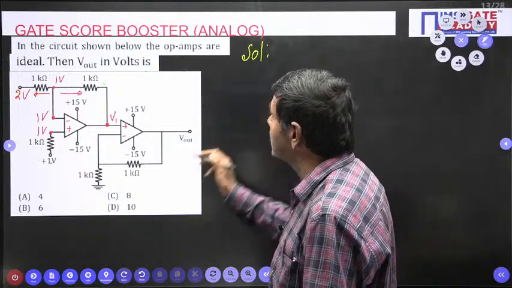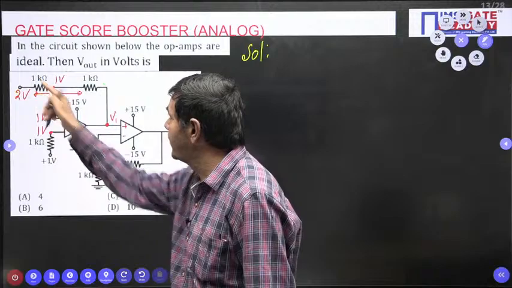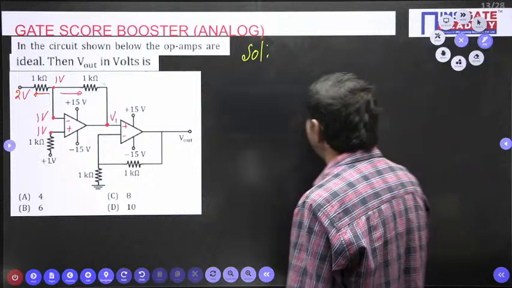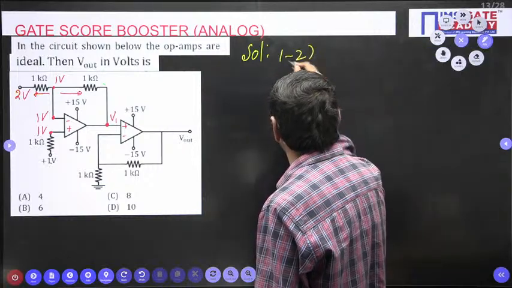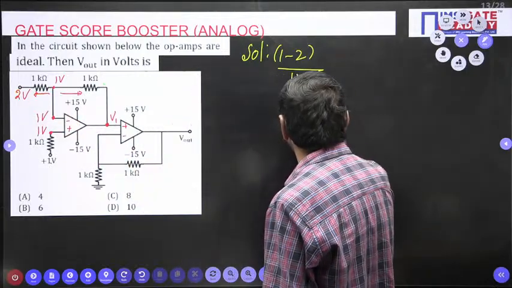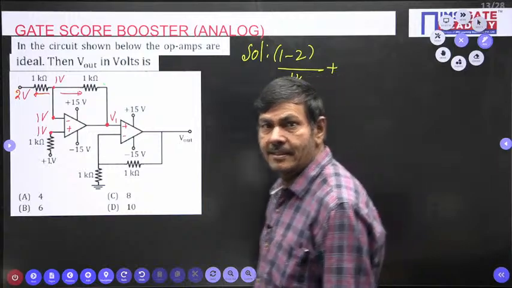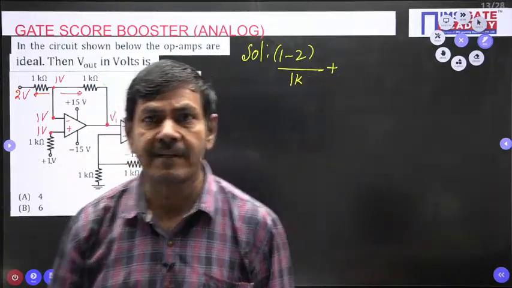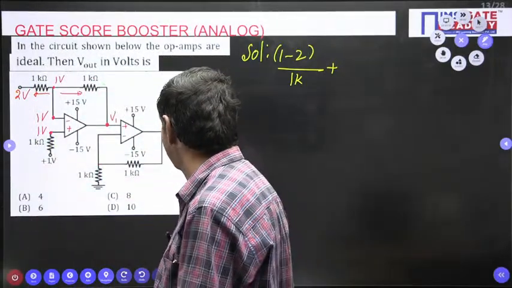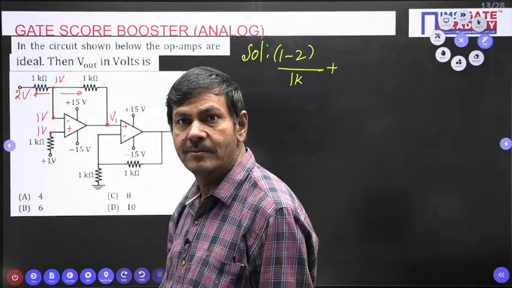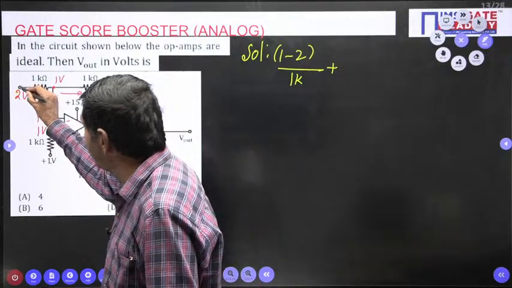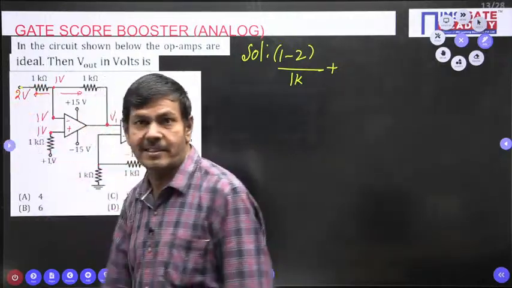So in that case, this current is (1 minus 2) by 1k. According to nodal, I write (1 minus 2) by 1k plus the other current. I am saying this voltage is given only, I made a mistake. This voltage is 2 voltage, given in the problem.